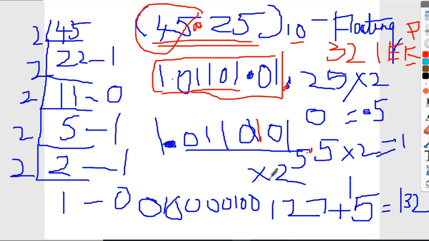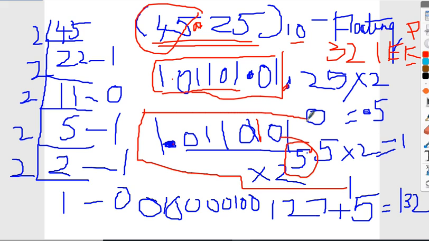Since we have shifted the decimal point 5 times, you'll get the exponent part as 2 to the power 5. So this is the value, 1.01101101 into 2 to the power 5. This is your exponent, and this is your mantissa part.